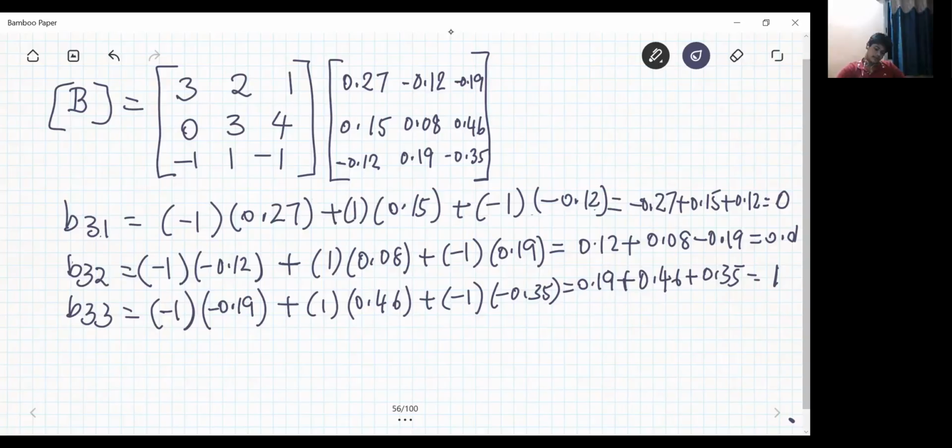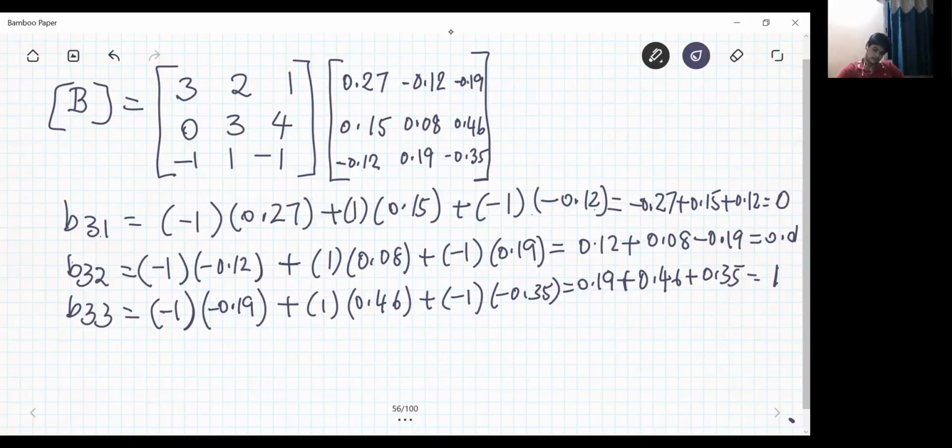Second row, minus 0.03, 1, minus 0.02. Third row, 0, 0.01, 1.